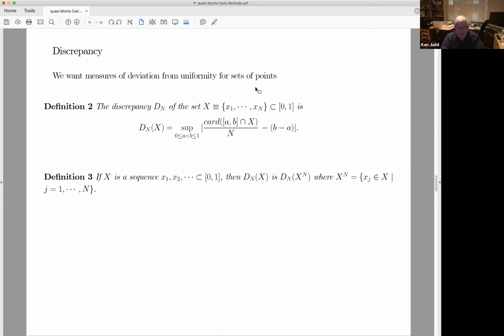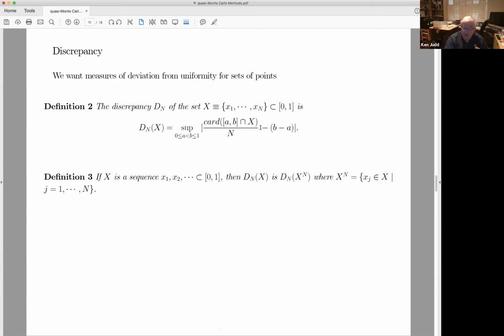What you want to do is measure just how close it is to being uniform. Let's say this is discrepancy in one dimension. You take all possible intervals between 0 and 1, a, b. The integral of 1 between 0 and 1 over that interval should be b minus a.